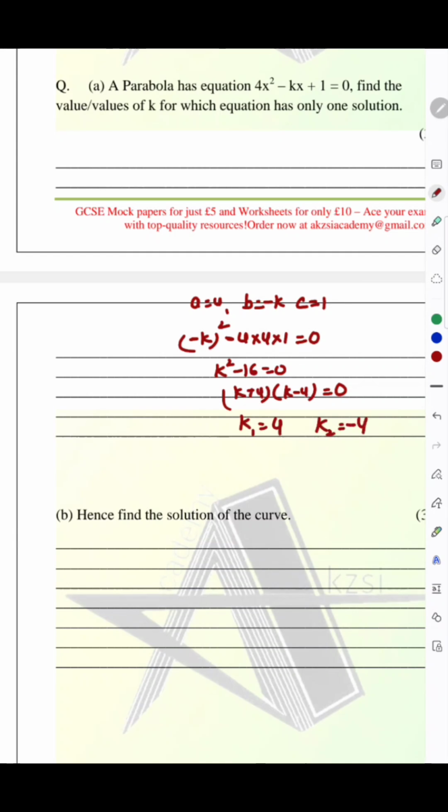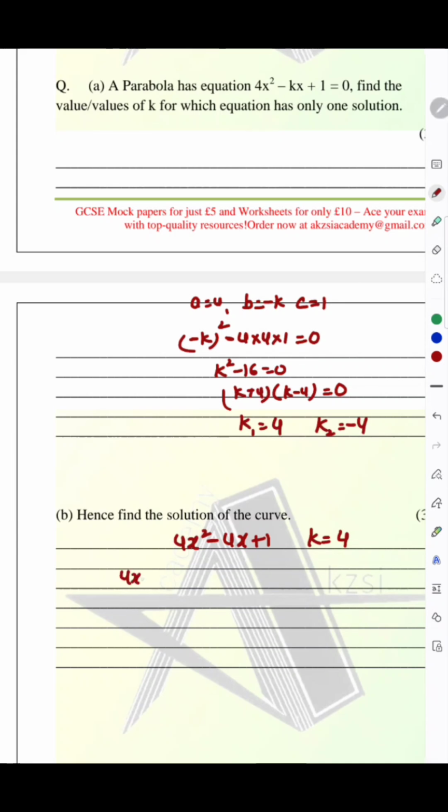We have to find the solution of the curve, and we can find it just by substituting the value of k. So let me substitute the value of k first as positive 4. So 4x squared minus 4x plus 1 when I substitute k as positive 4. In this case, the product should be 4 and the sum should be negative 4 as well. So we can choose negative 2 and negative 2, because negative 2 and negative 2 will give you 4, and adding them will give you negative 4.